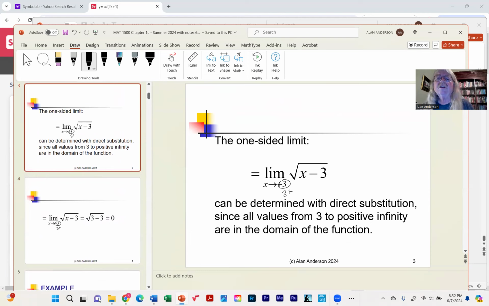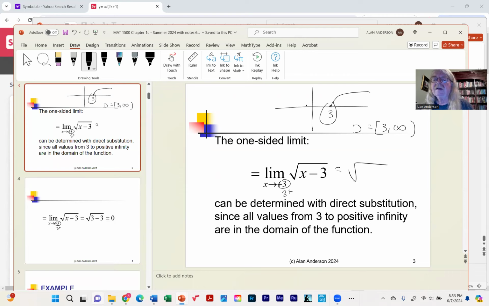So basically, what they're telling us here is that because the domain is everything from 3 up to infinity, we can evaluate the right side limit, or one-sided limit, as x goes to 3, because that is part of the domain. And that would mean direct substitution. And that's just 0.